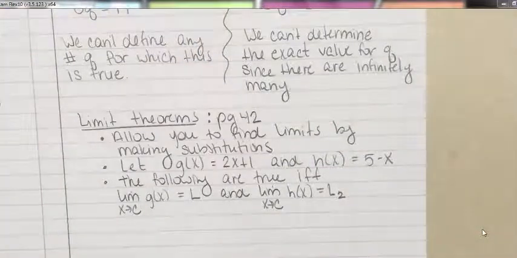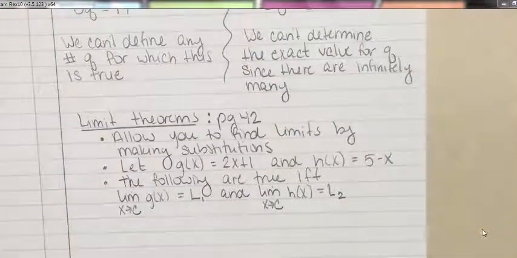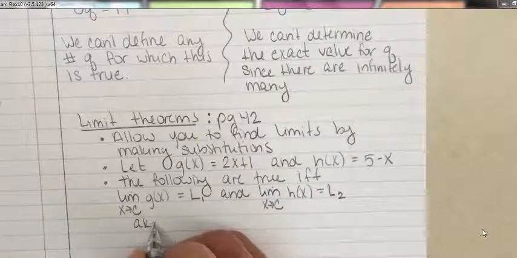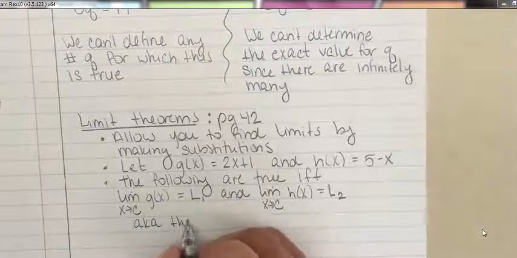So there's some value there. We'll call these L1 and L2. They may be the same number, but they may not be. In other words, the limit exists for both functions.